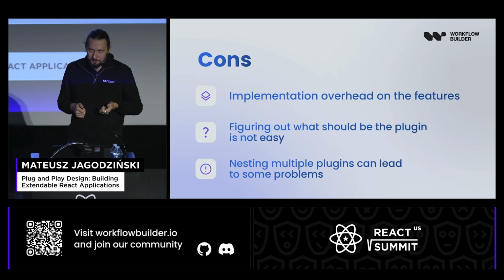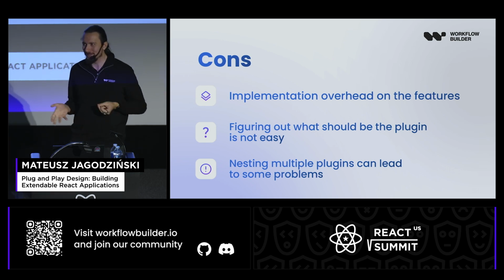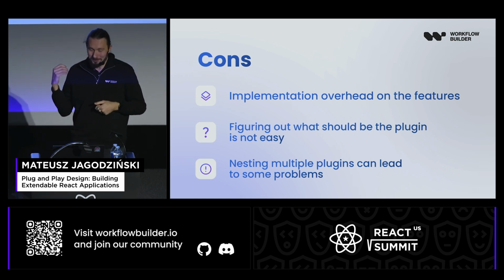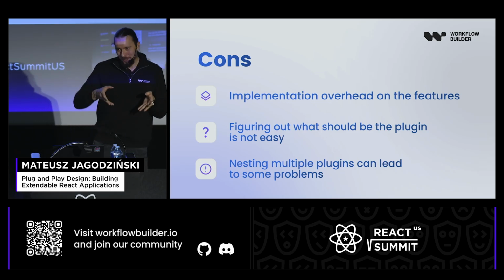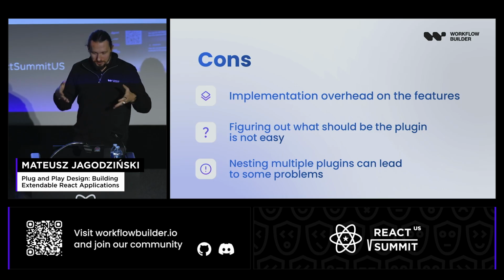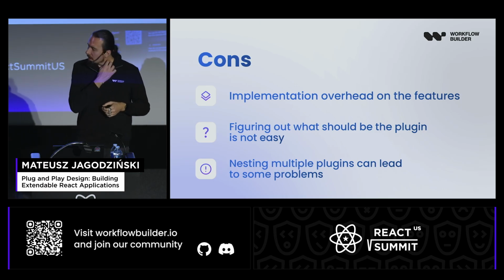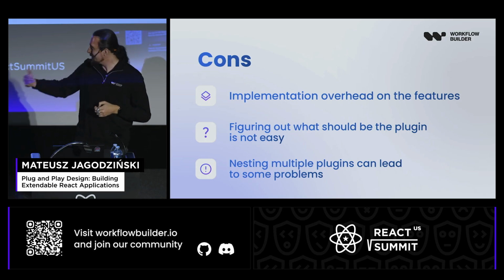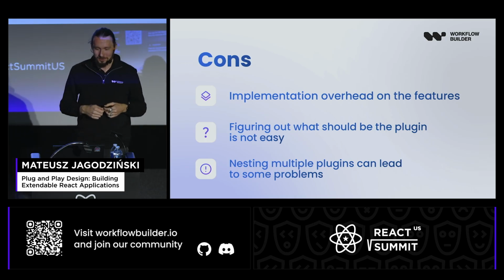The next thing, figuring out what should be the plugin is not an easy thing, right? It's an architectural discussion that we had to figure out, okay, what is the actual core of the application and where do the plugins come in? This separation is not obvious. And as we found out with iterating over this solution, when we started nesting multiple plugins, it could lead to some problems.